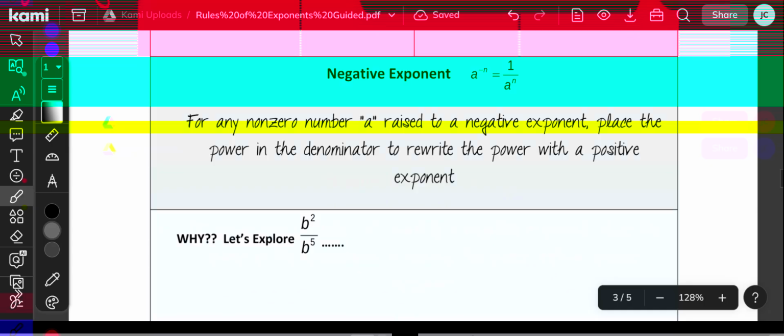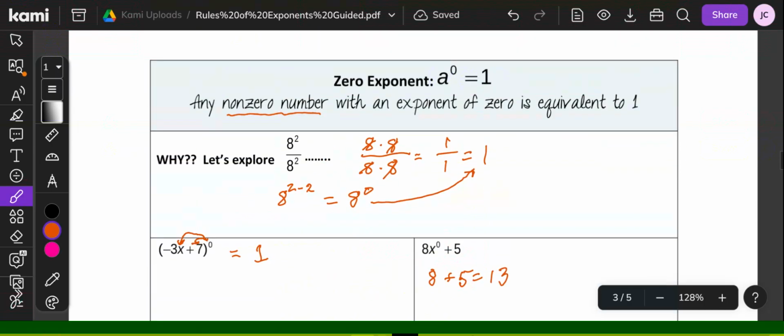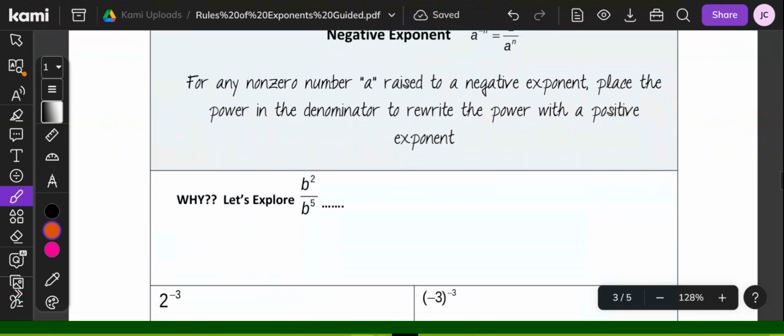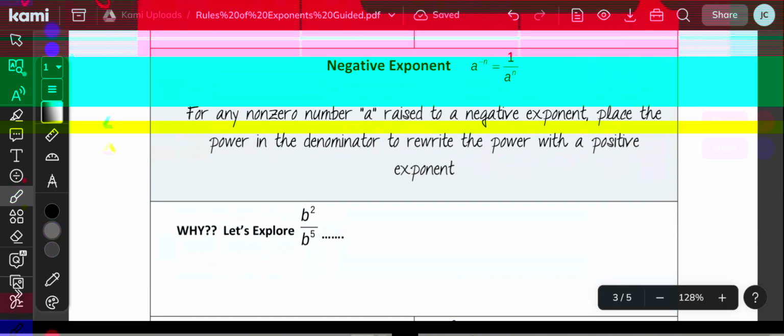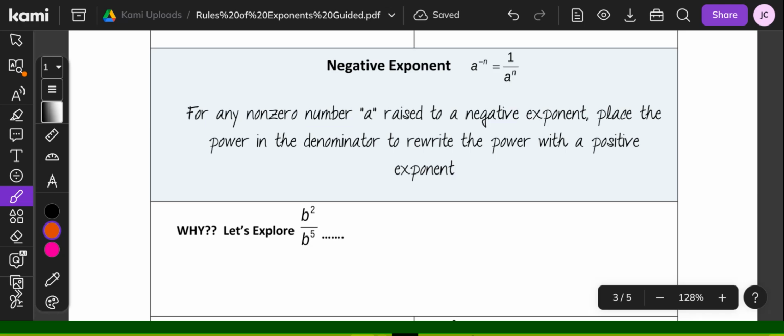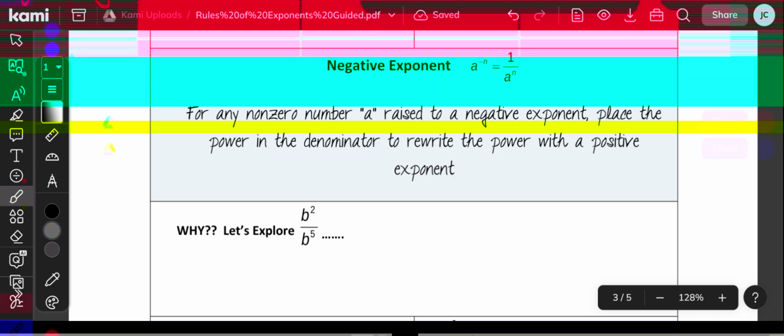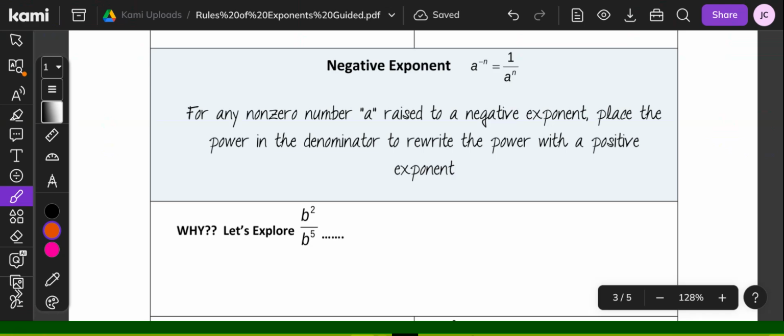Let's talk about negative exponents. So if a non-zero number a is raised to a negative exponent, place the power in the denominator to rewrite the power with a positive exponent.